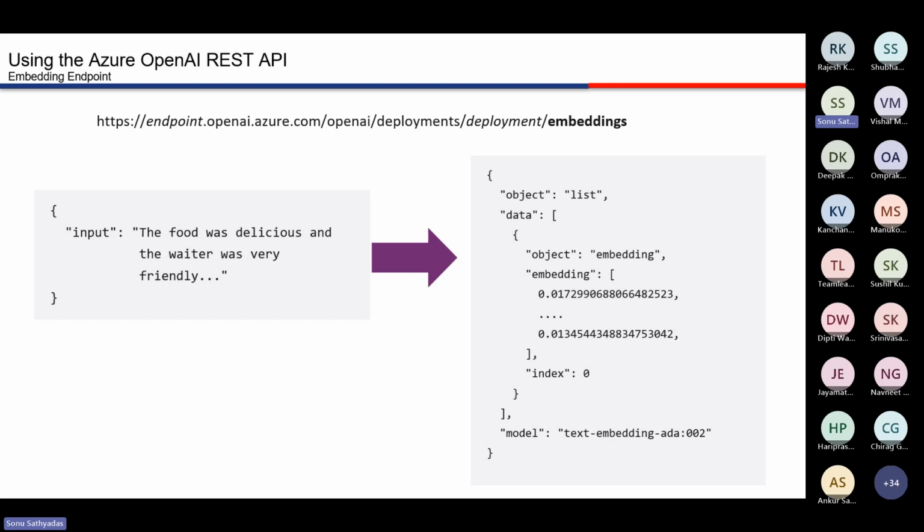Suppose you ask the model, who is Sonu Sathyadas? It cannot answer because the model has not learned about that. But what I can do is provide the information about Sonu, and then I'll ask the model who is Sonu. Then, based on the information I have provided, the model is able to generate the answer. So that is called a RAG approach, or retrieval augmented generation.